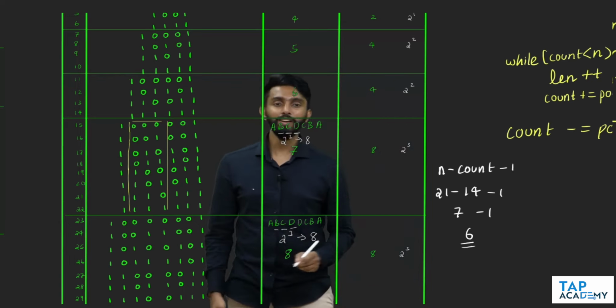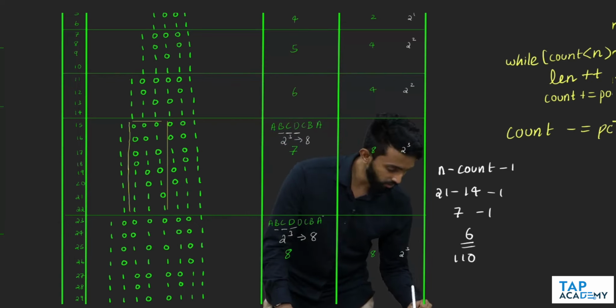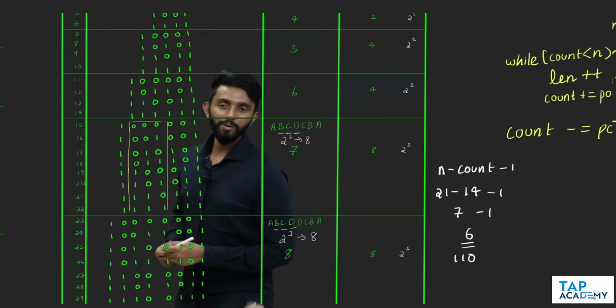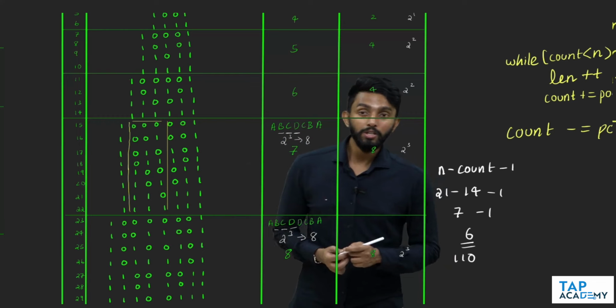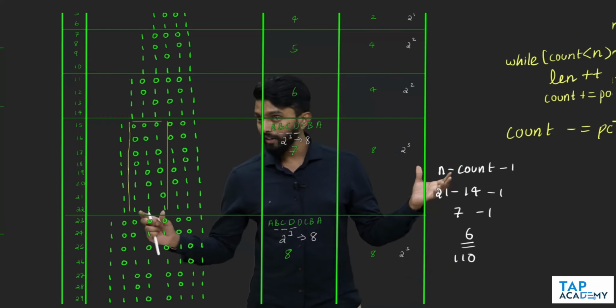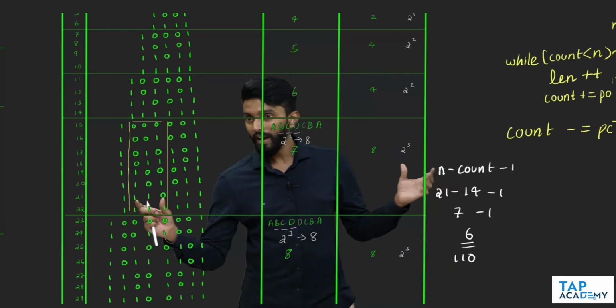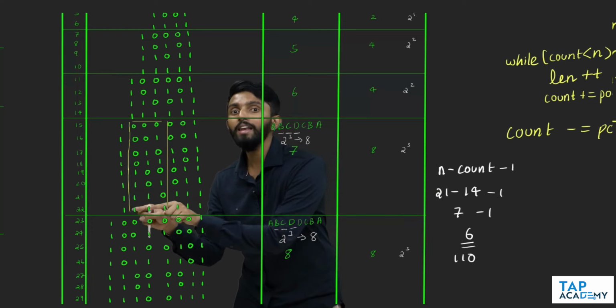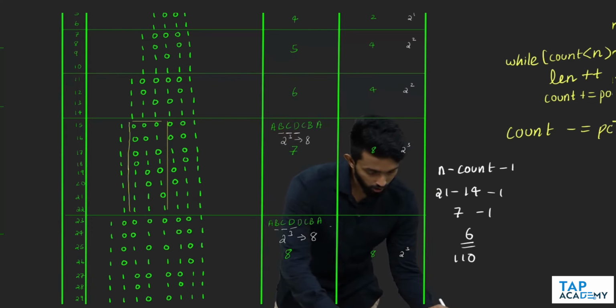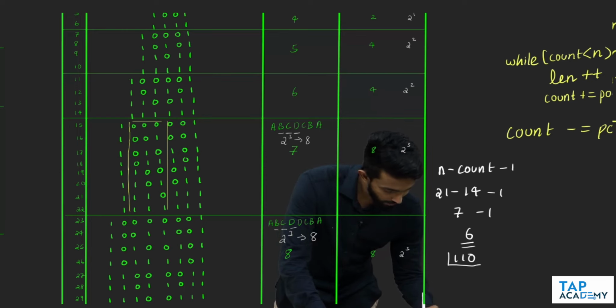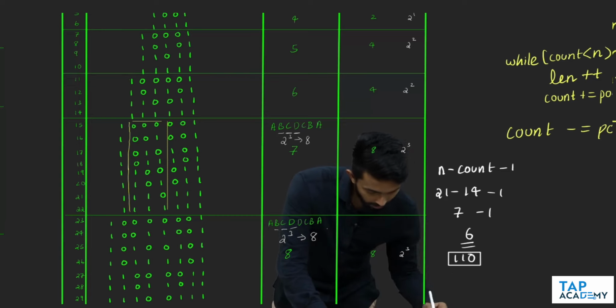Are you able to think? And 6 is nothing but 1, 1, 0. Would everybody agree with me? 6 is nothing but 1, 1, 0. So, how will you get this value? Let us call this value element, ELE.